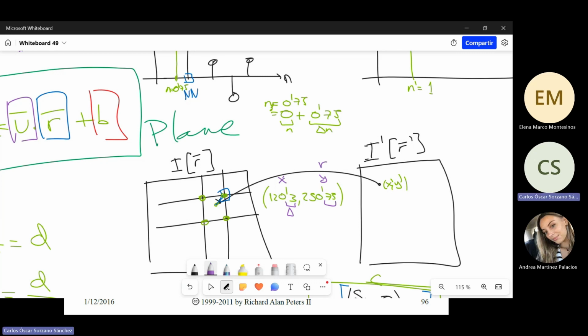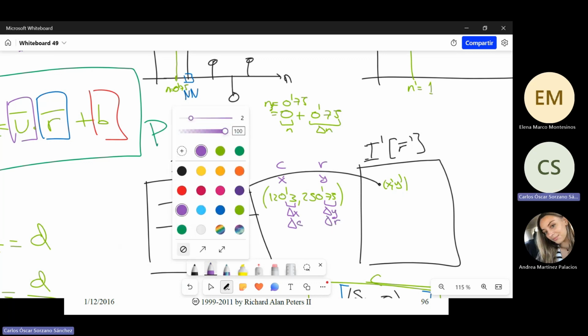This part will be delta x, delta y, or delta C, delta R. And the other part is the integer part.